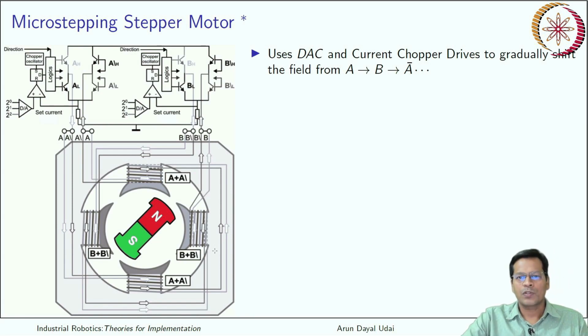It uses a DAC, digital to analog converter. The higher the resolution of the digital to analog converter, the finer the current control you can obtain from 0 to maximum. If it is 3-bit, it is 2 to the power 3, that is 8 steps of current control.